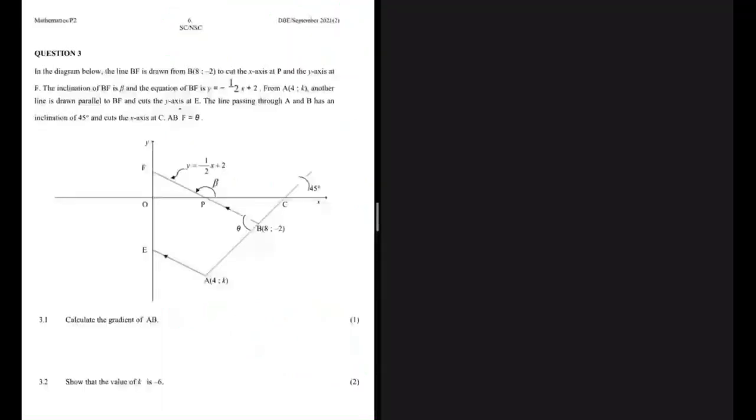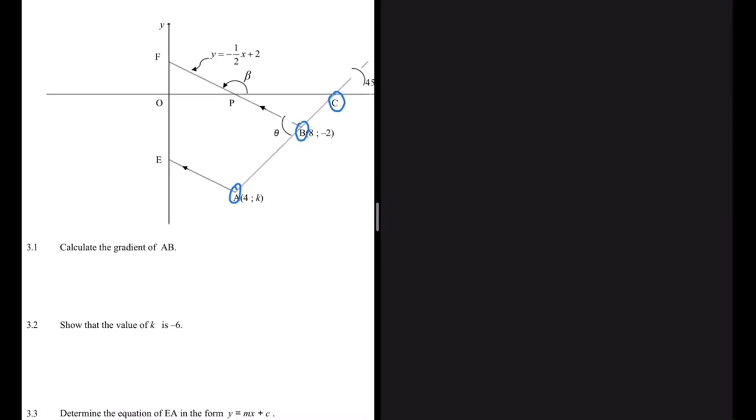3.1 says calculate the gradient of AB. So here's AB, we have point A here and point B here, and then the line goes on until point C. But we don't have coordinates for point A, so we cannot use m of AB equals y2 minus y1 divided by x2 minus x1. We also don't have coordinates of C. But we have the angle of inclination of line ABC, right?